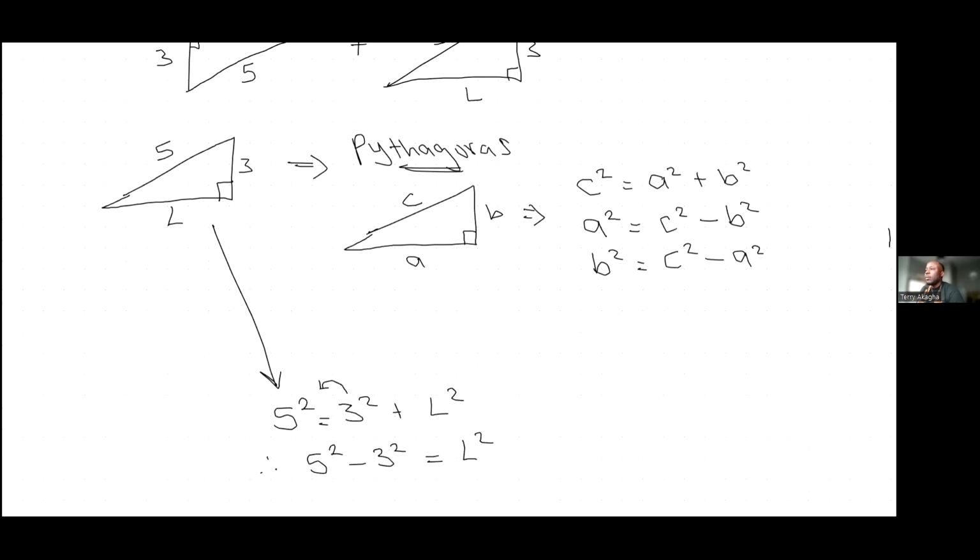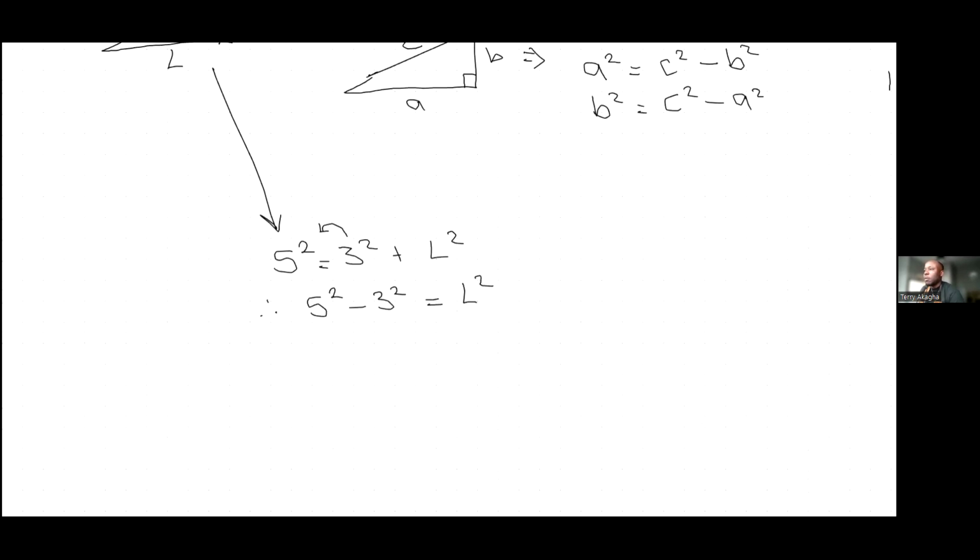So 5 squared is 25, minus 9, is equal to L squared. 25 minus 9 is 16, so L squared is equal to 16. Now to look for L, you square root both sides. So L will be equal to plus or minus 4.